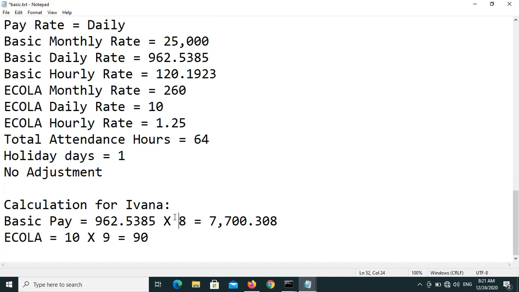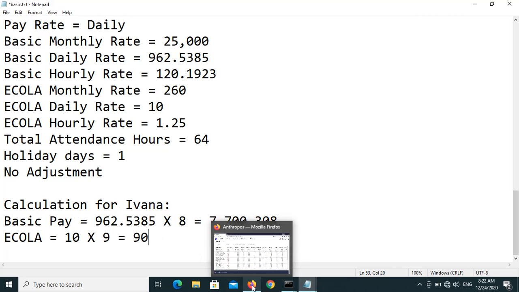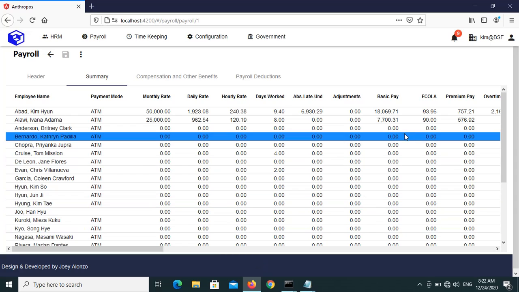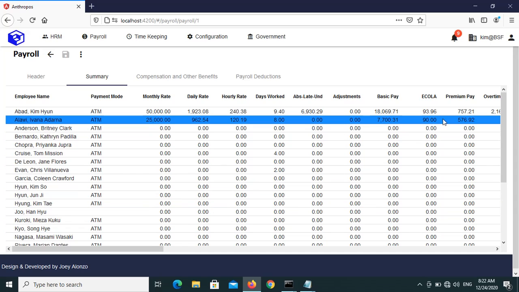So in that case, since Ivana has holiday days of 1, then ECOLA will be 10 times 9, which is the daily rate for ECOLA, and the number of days is 9 because there is a holiday of 1. Okay, so the total is 90. So if we go to the payroll, the ECOLA for Ivana is 90.